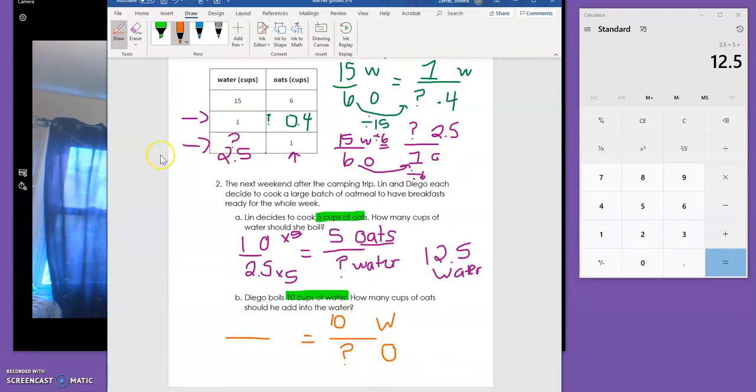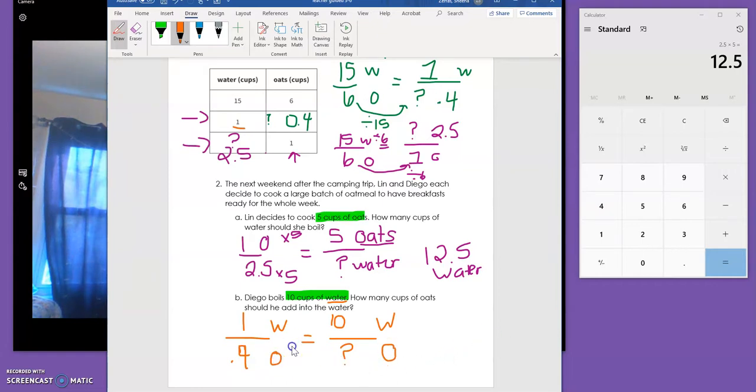So again, I'm going to go back up to my table, and I want to choose the unit rate to help me. And this time, because I know the amount of water, I'm going to choose the unit rate that has 1 for water. So 1 water is 0.4 oats.